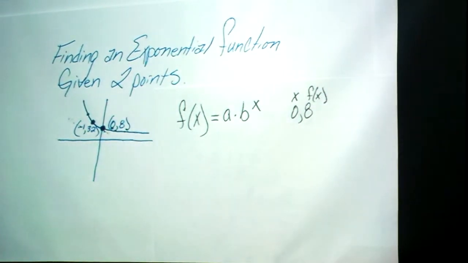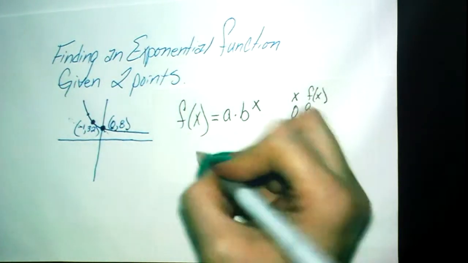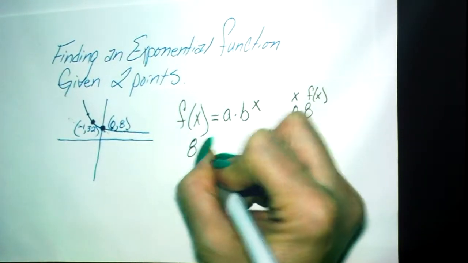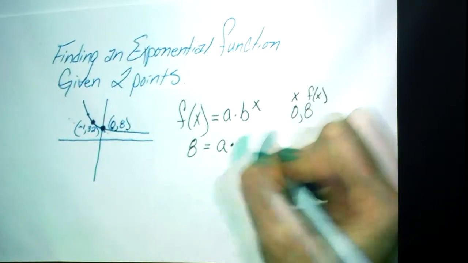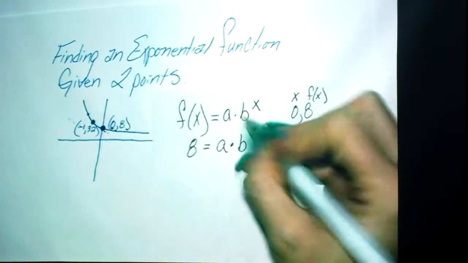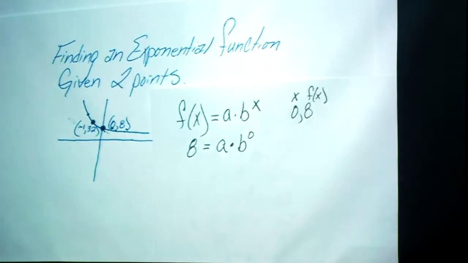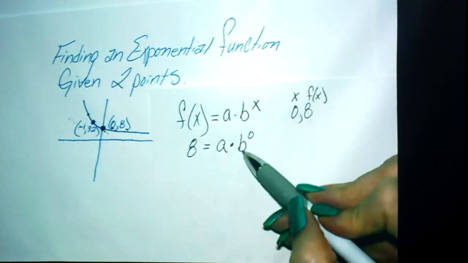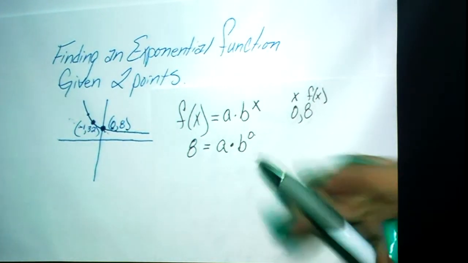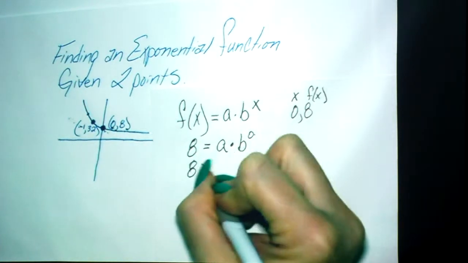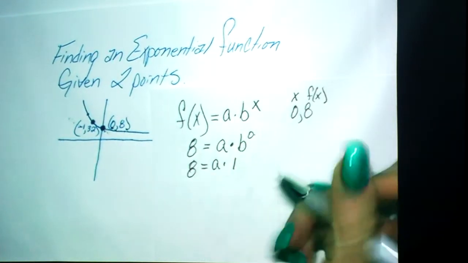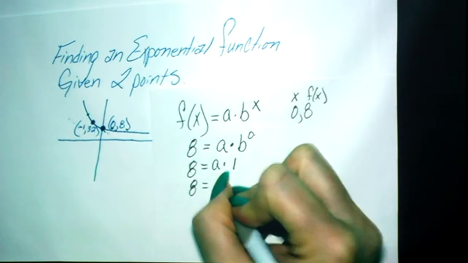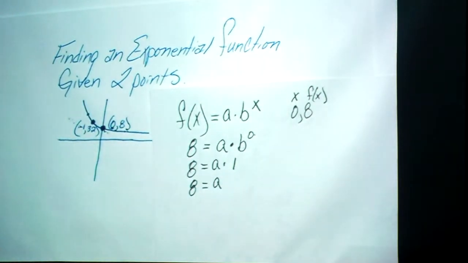So I'm going to replace my x and f of x with those two numbers. So instead of f of x here, I have 8. So equal a times b, and instead of x, I have 0. And remember, anything to the 0 power is actually 1. So 8 is equal to a times 1, so 8 is equal to a. So we have our a value.